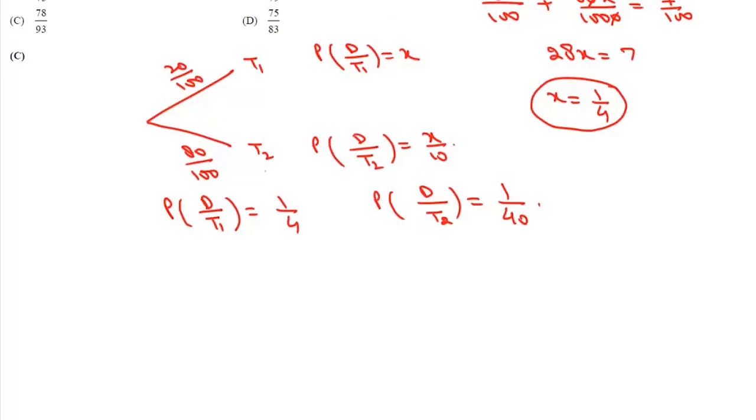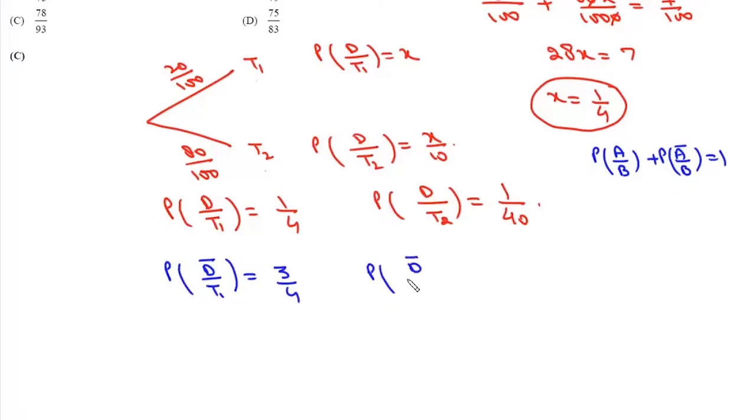For this, first we'll calculate the probability that it is not defective if it has come from T1. We know that the probability of A upon B plus the probability of A naught upon B is equal to 1. So the probability of D naught upon T1 will be simply 3 by 4, and the probability of D naught upon T2 will be 39 by 40.